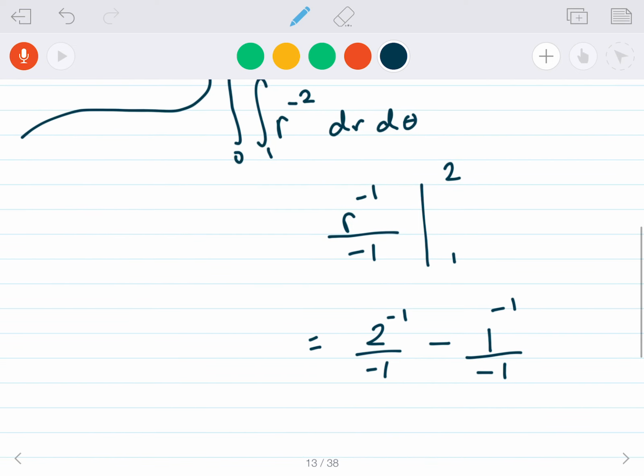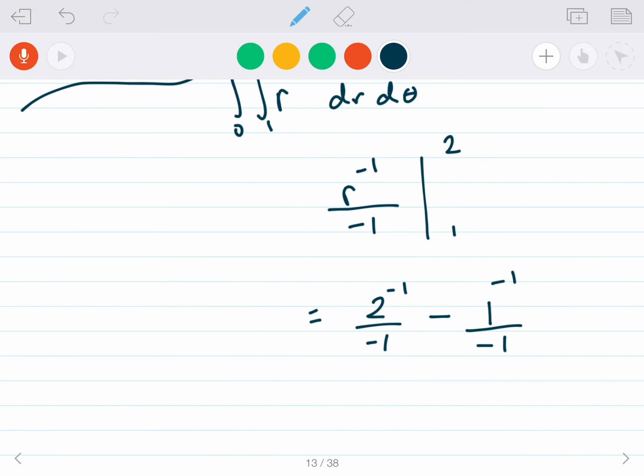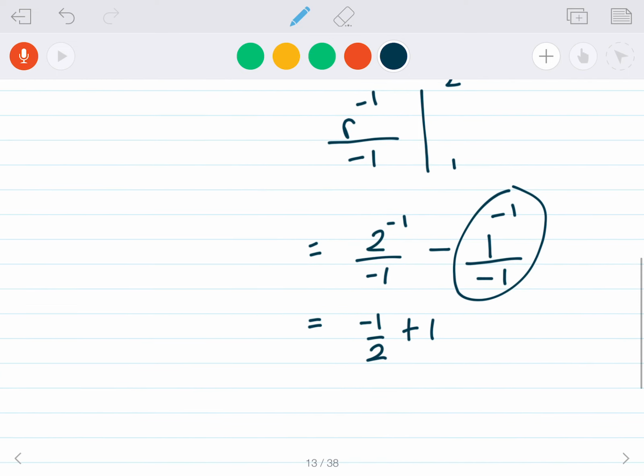What is this? Let's see. So this is going to be negative 1 over 2. And this is going to be just plus 1. So negative a half plus 1 is just a half. Right? 1 minus a half.